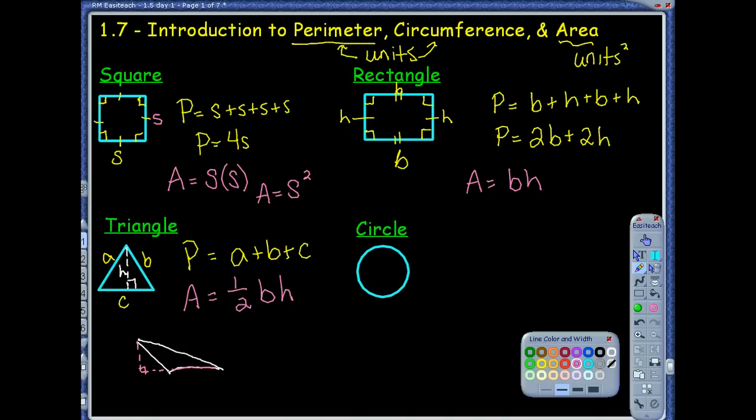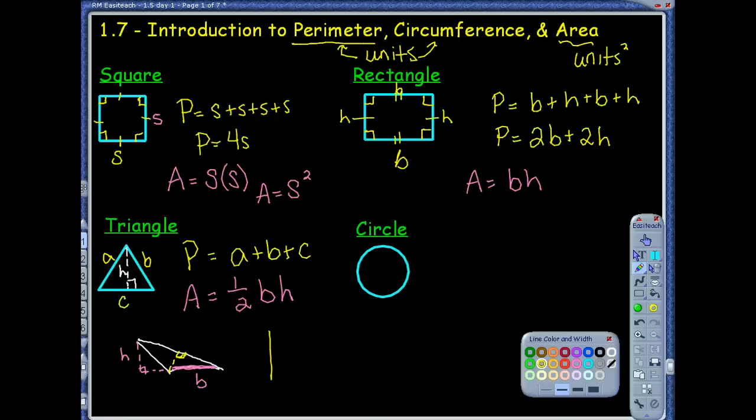Well, like you said, a base is an actual side, so that side right there would be the base. We can label that B, and then that would be the height. You got it. So just something to be aware of. On this triangle, I also could have drawn a height this way. So the height can be inside the triangle? The height could be inside or it could be outside.